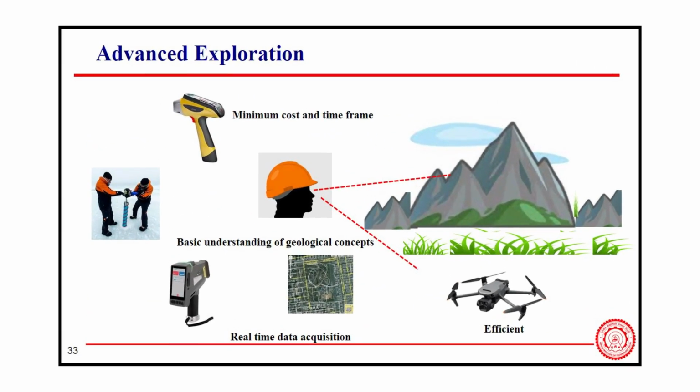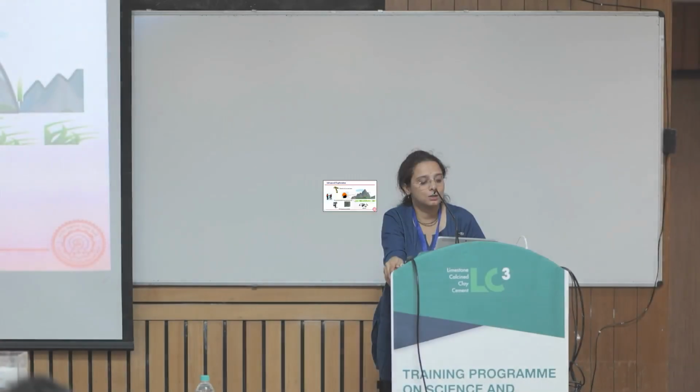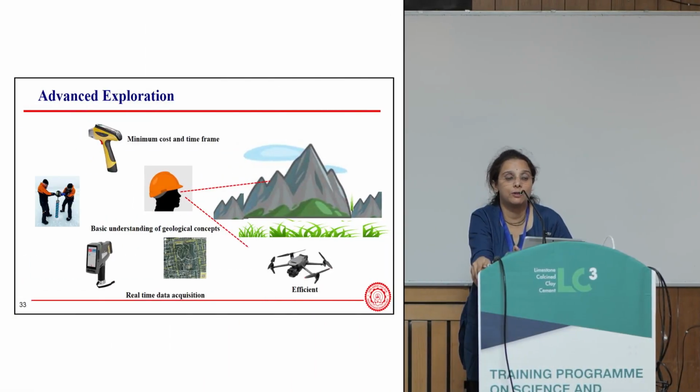We have advanced exploration techniques which involve visual inspection of the data and acquiring data sets, which helps in minimal cost and efficiency in finding those minerals and mines. We use drones for a better picture, 3D imaging, as well as accurate mapping of the area.